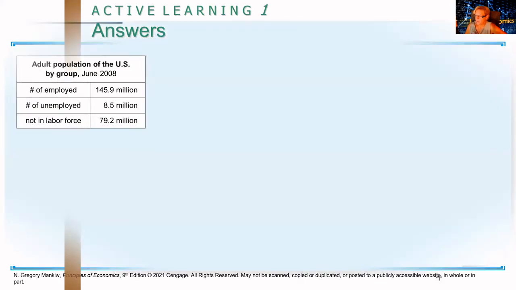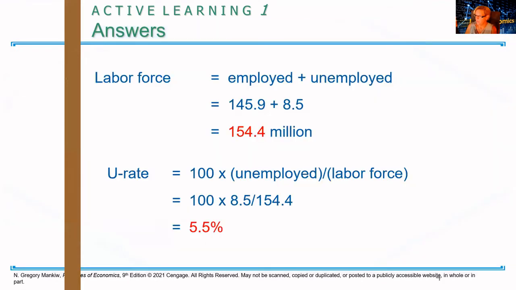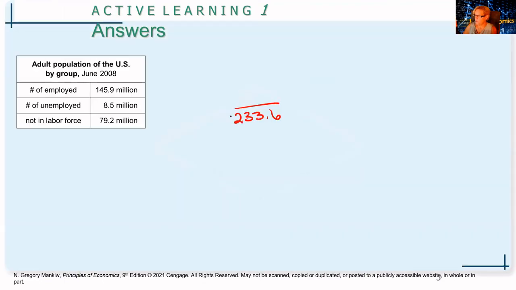We already did the unemployment rate. And so taking the numbers that I just calculated a moment ago, we end up with an adult population of 233.6, and the labor force of 154.4. So 154.4 divided by 233.6, times 100, is going to give us 66.10%.